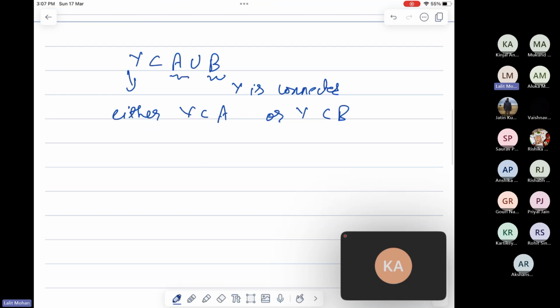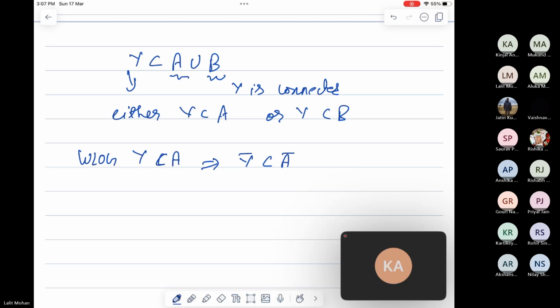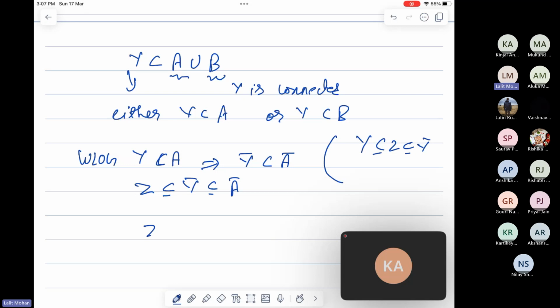So now without loss of generality, we are assuming that Y is a subset of A. This will imply that Y closure is a subset of A closure, right? And you know that Z is a subset of Y closure. It is given in our question that Y is a subset of Z, a subset of Y closure. It means Z is contained in A closure.